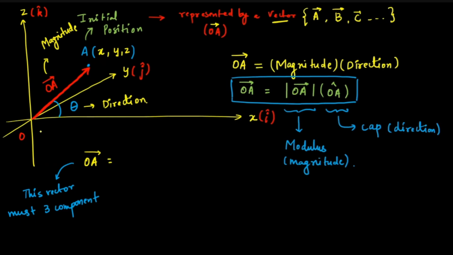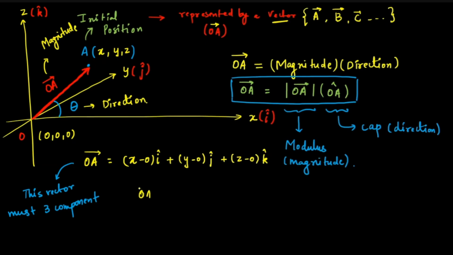So what are the coordinates of O? It is going to be 0, comma 0, comma 0, because we know the coordinates of origin is 0, comma 0, comma 0. So if I'm representing OA vector, it is x minus 0 I cap plus y minus 0 j cap plus z minus 0 k cap.